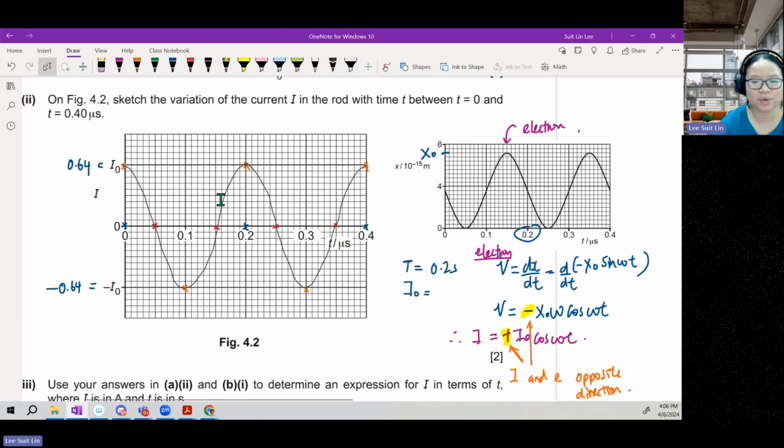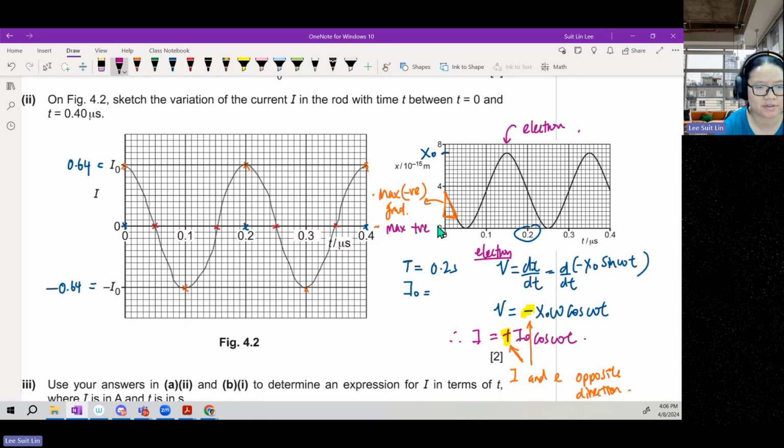Another way to tell the direction, if you don't want to differentiate because differentiating is not part of your toolkit, is to consider the gradient. The gradient here is the steepest. So here, maximum negative gradient. And then because this is the electron, it's maximum positive I, because electron is opposite direction to current.